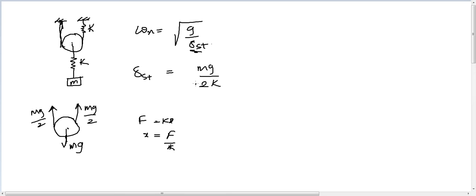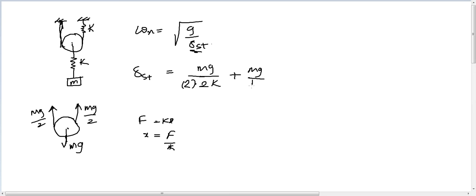So I am adding one more 2 here, plus the static deflection of the spring, to get the total deflection of this mass. So the force in this mass is nothing but mg, and the deflection is mg by K.